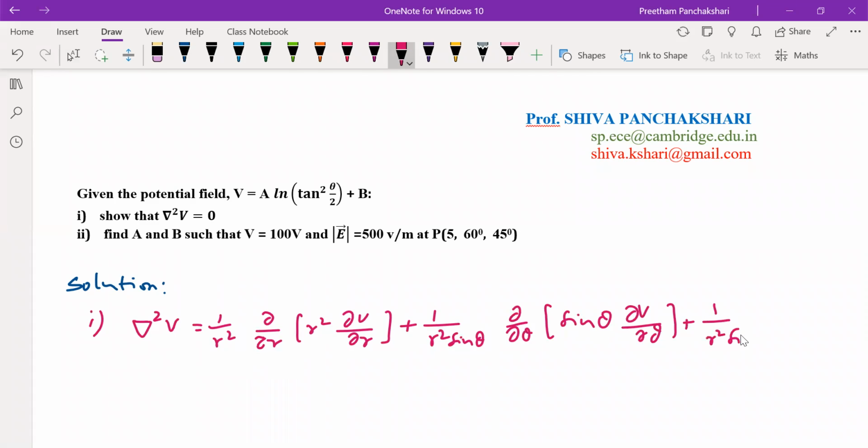The last term is 1 by r square sine square theta, dou square V by dou phi square.